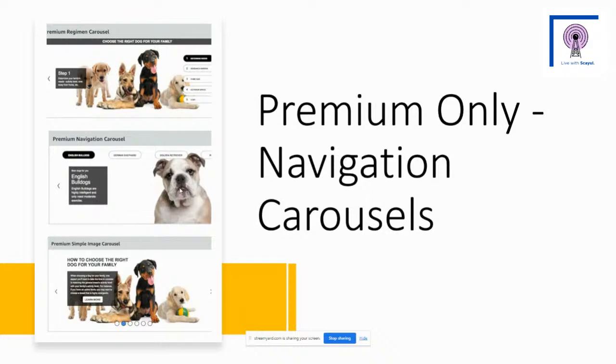Navigation carousels, these are fantastic because it's a way to interact with shoppers. They can keep clicking through, and also it's basically just multiplying the amount of space that you have, because if you think about it, you can add 5 slides to a carousel. So that's basically like you're adding 5 more modules almost to your A+ content.